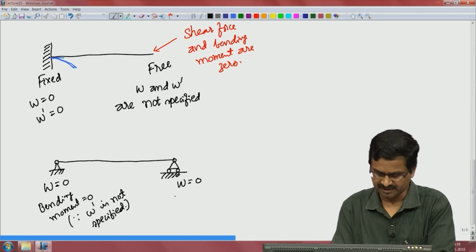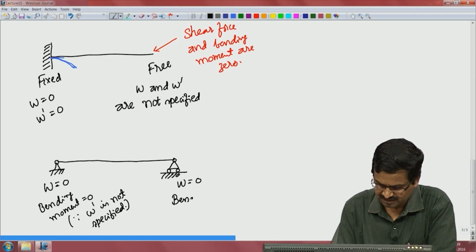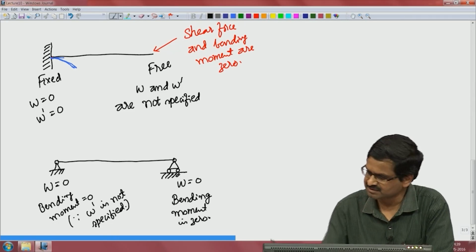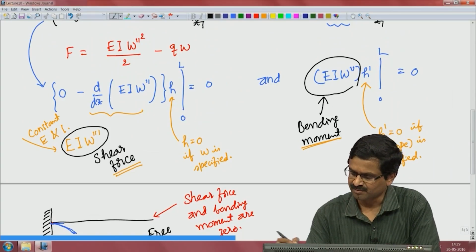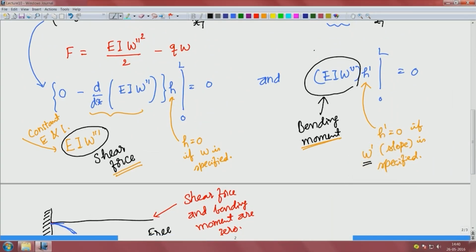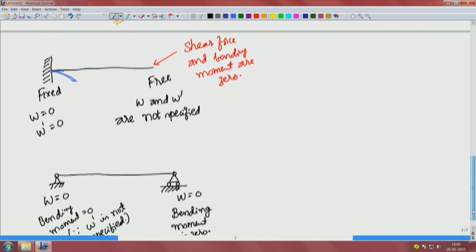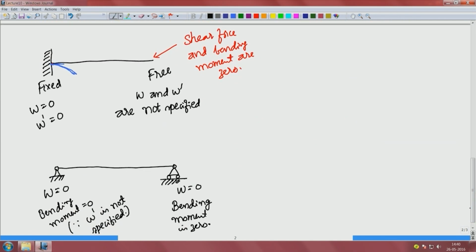And the same thing here, again bending moment must be 0 here, because that is our boundary condition. When W prime is not specified, this must be equal to 0.